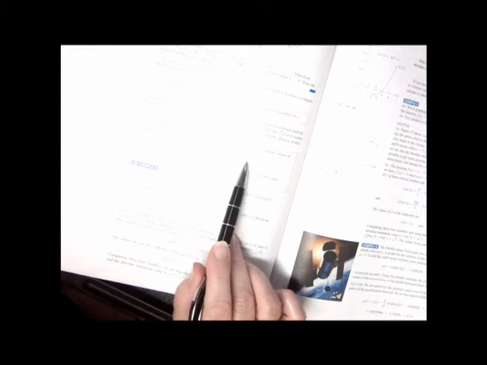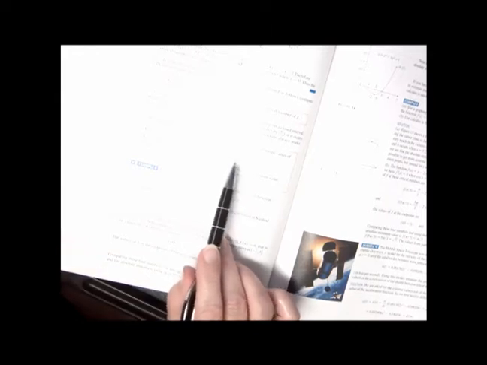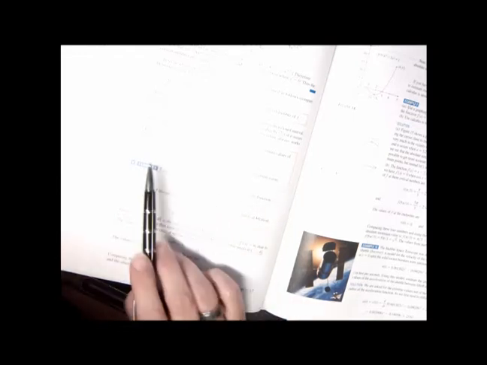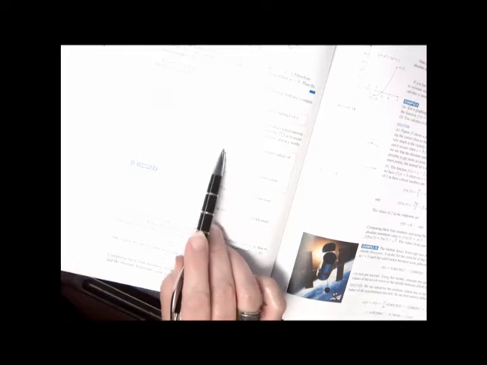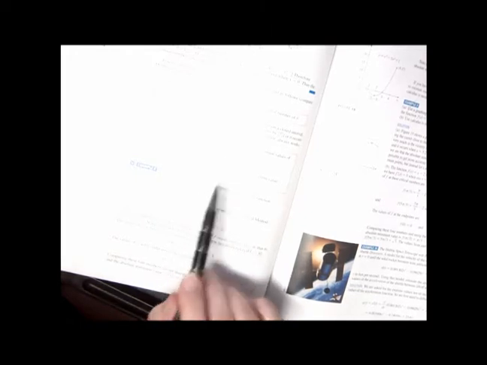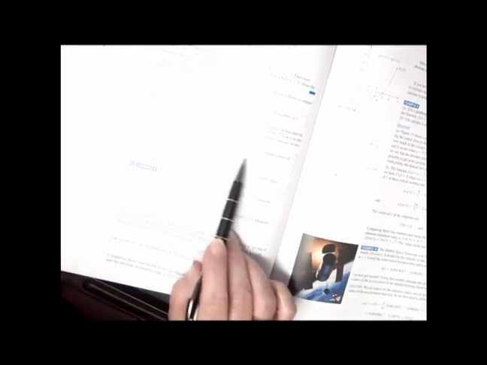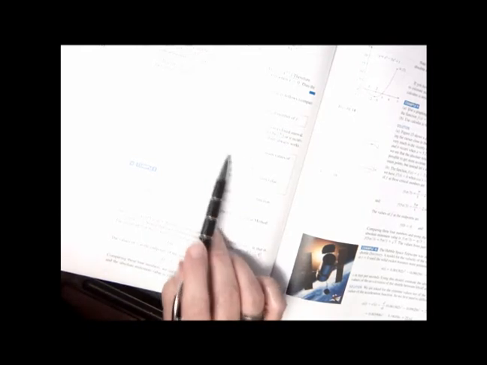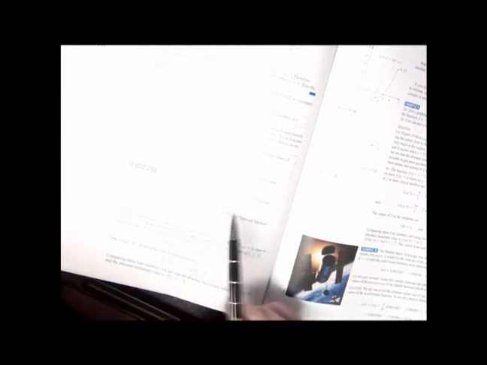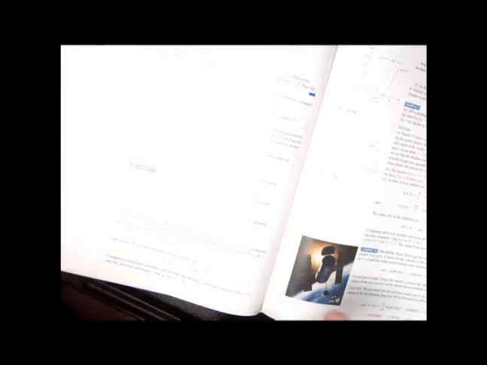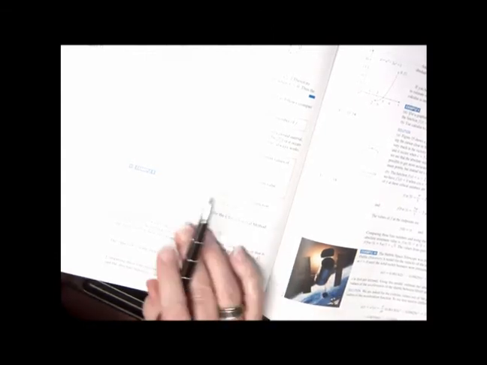So you're looking for critical numbers between a and b. Then find the values at the endpoints of the interval, so the endpoints would be where a is and where b is. You're going to find the values at the critical numbers in between, and then you're going to find the values at the endpoints. The largest and smallest values are going to be the absolute maximum and absolute minimum of the graph.